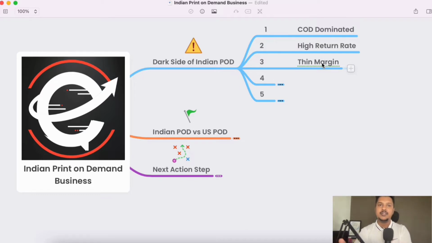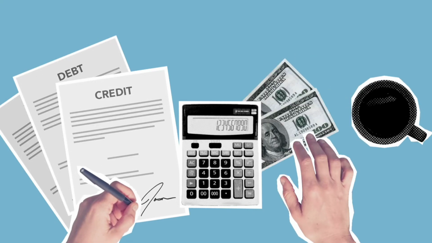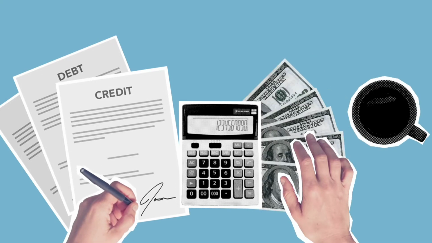Let's assume the shipping charge is 50 rupees. You lose 50 plus 50 because of an unsuccessful delivery, and that is going to eat up all your profit.